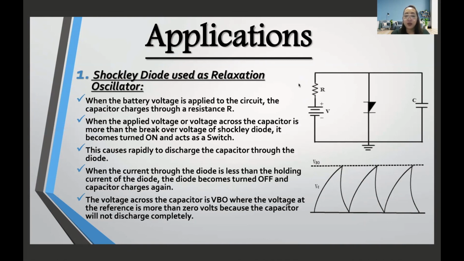This causes the rapid discharge of the capacitor through the diode. When the current through the diode is less than the holding current of the diode, it turns off and the capacitor charges again. The capacitor will not discharge completely, so the voltage across it does not fall to 0 volts.